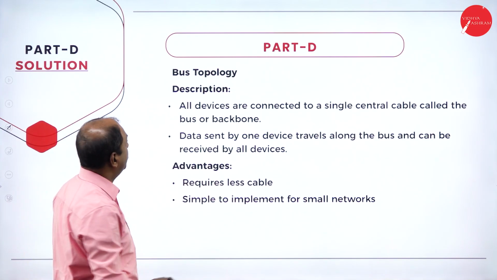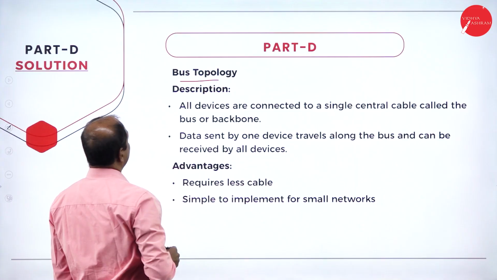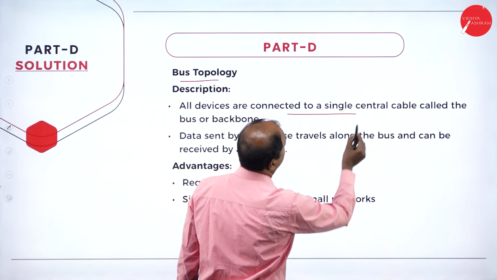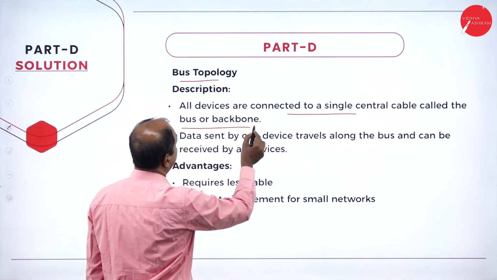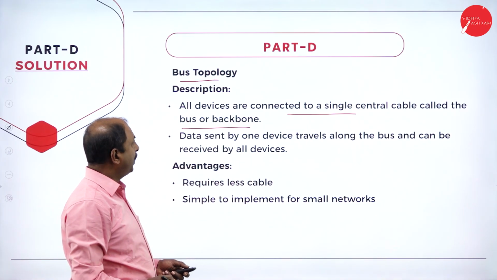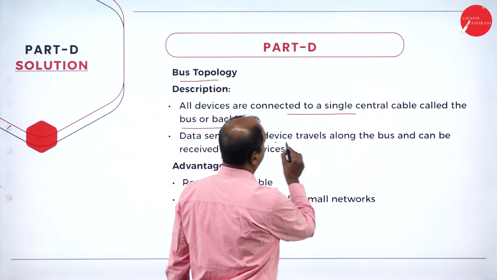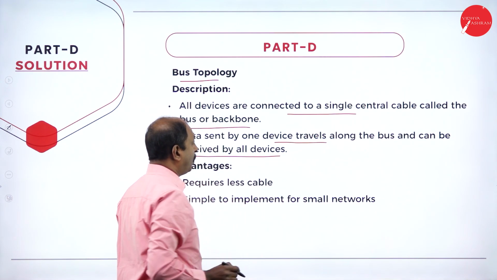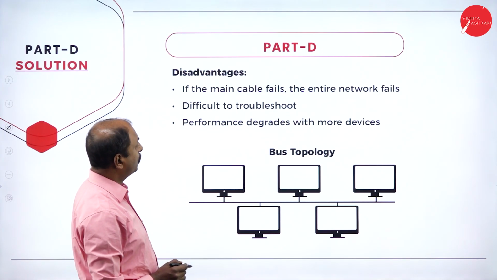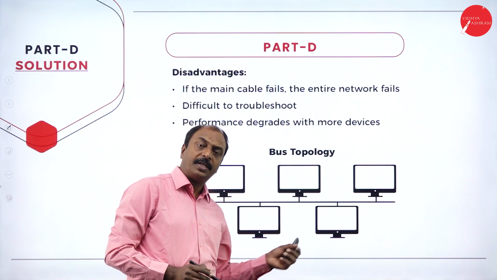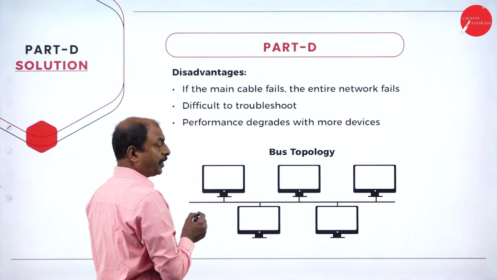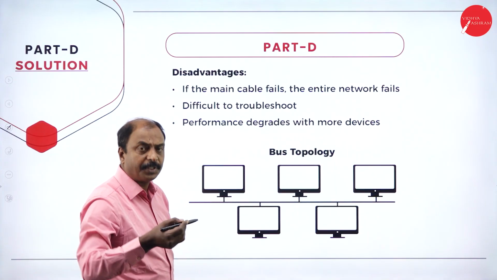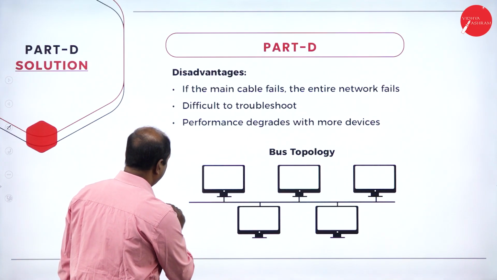Next, let us see the definition of bus topology. So, what is bus topology? All devices are connected to a single central cable called the bus or the backbone. And here, data sent by one device travels along the bus and can be received by all the devices. Now look at the diagram of this so we can understand easily. This is the bus topology where all the nodes or computing devices are connected to a centralized cable.